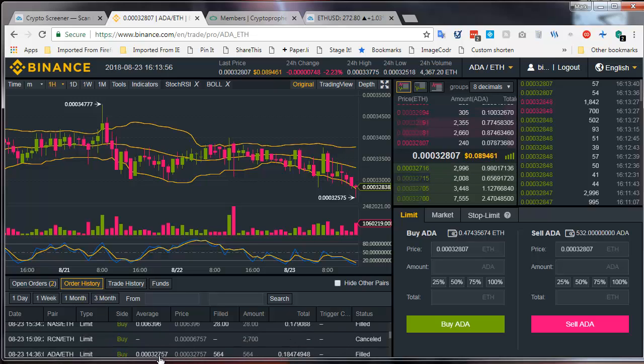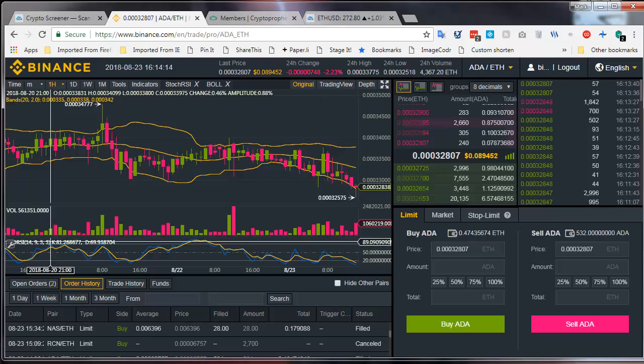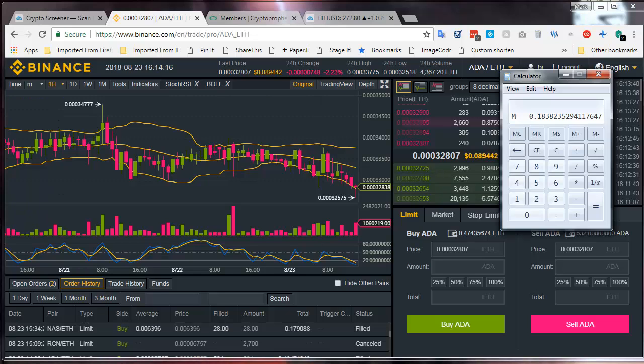I bought at 32757. 32757 times 1.013 is 33182.